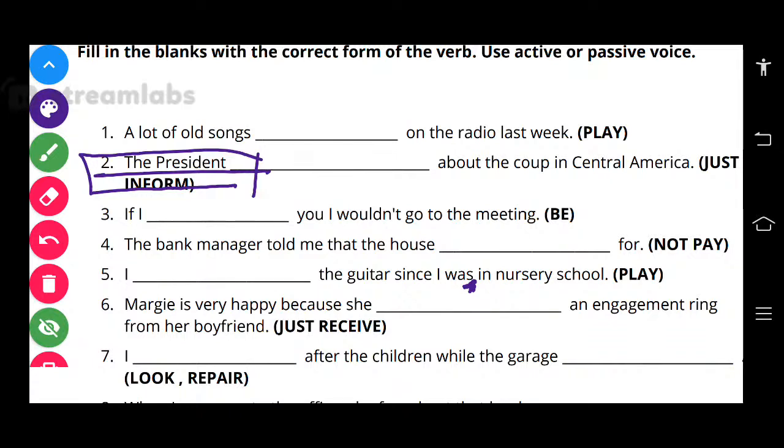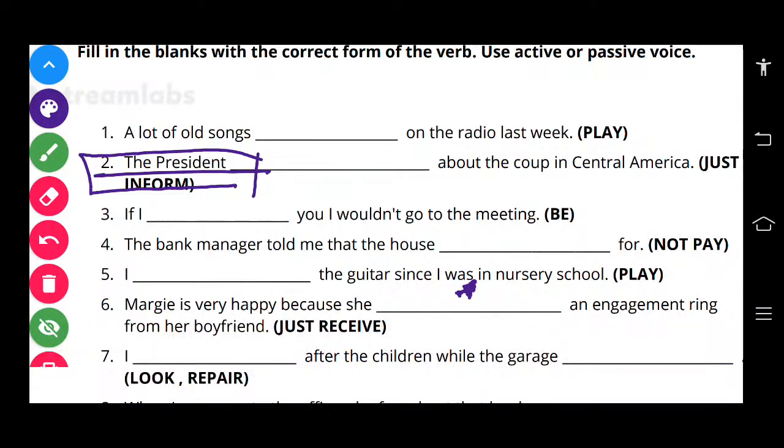Where the subject is a non-doer, that is why we used the passive sentence. In the second sentence, the president is the subject, and here the president is a doer only. Not only that, the adverb given here, just, implies that the action has completed recently, a moment back. It is also a completed action, but not remote completed, it is recent completed.